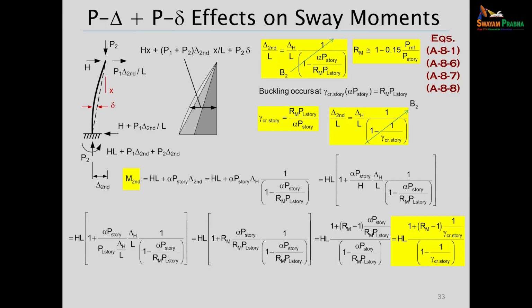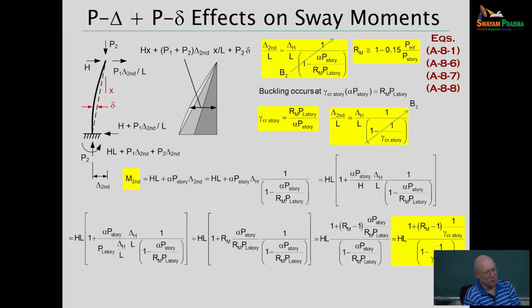The other thing you can observe here is that the amplification on the side sway displacement, so that's delta second over L equal delta H over L times the B2 amplifier, is a simple amplification form. We like that form a lot. The true amplification of the moments will be the form that's highlighted in yellow in the lower right.